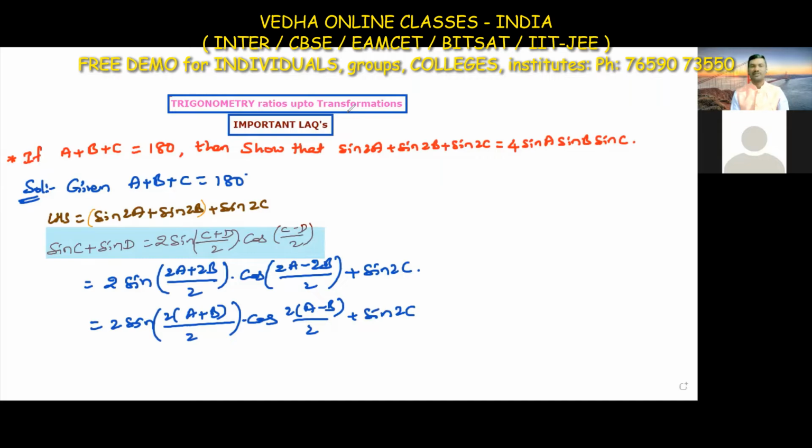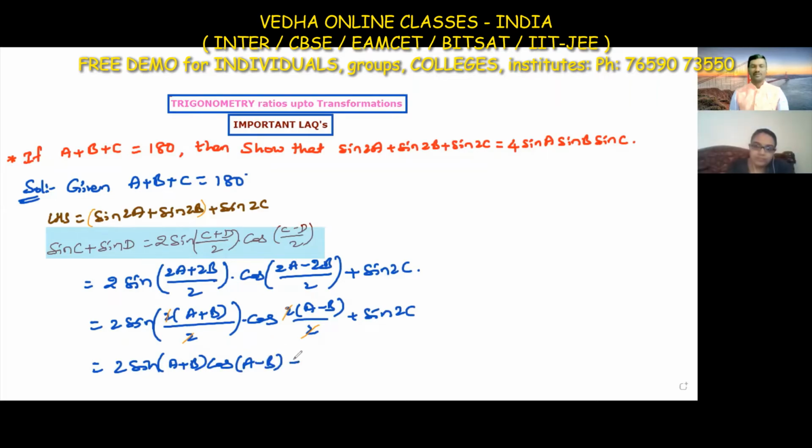Now we can cancel the 2 and 2 here, and here also. Then the remaining is 2 into sine of (A plus B) into cos of (A minus B), plus sine 2C.